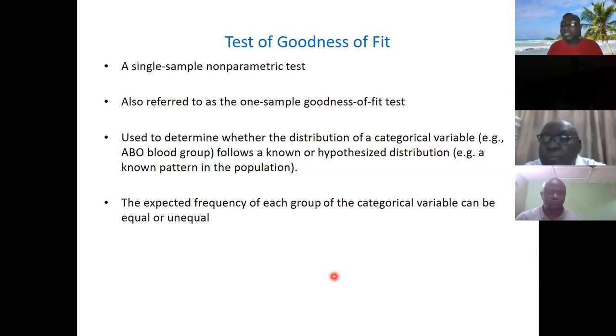What we are asking is whether the people that come to this lab, the distribution, the percentage and frequency I'm seeing, fit into the population. If you remember, last week, those people that came for the SPSS training, when we talked about the 1-sample t-test, you are not comparing 2 groups, it's only 1.